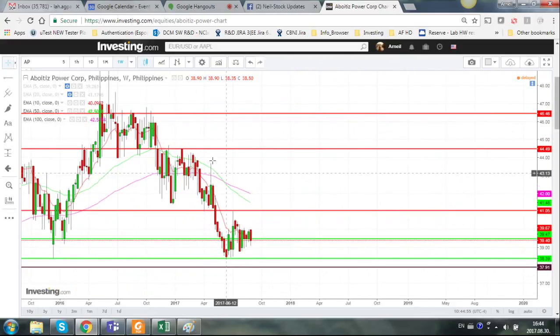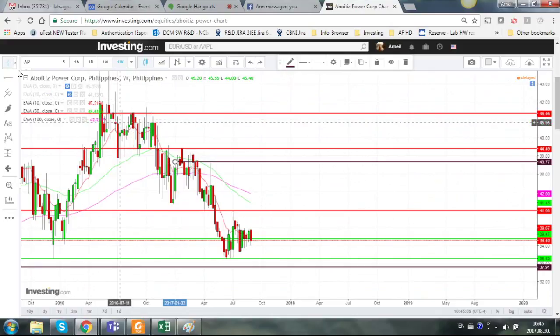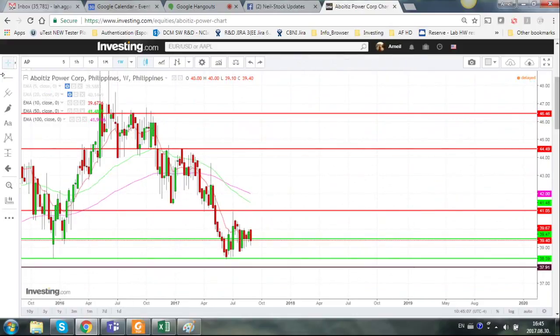In that case, maiwasan natin yung if the price or the stock will move in this way, at least before pa nagtuloy-tuloy bumaba, na-sell na natin.